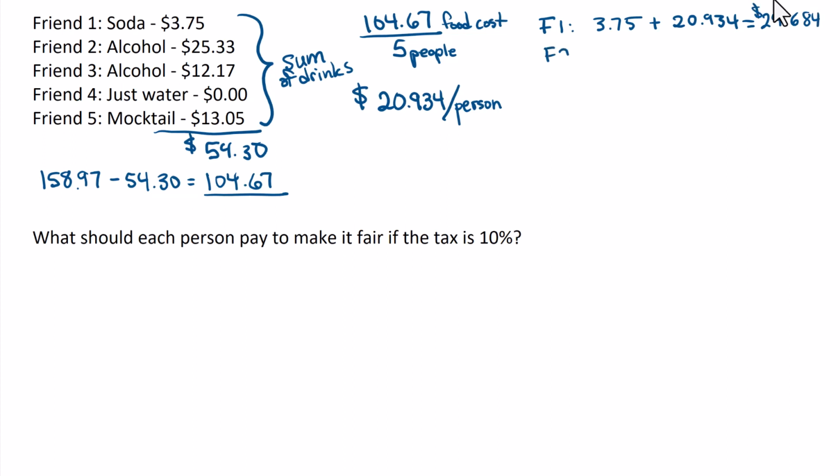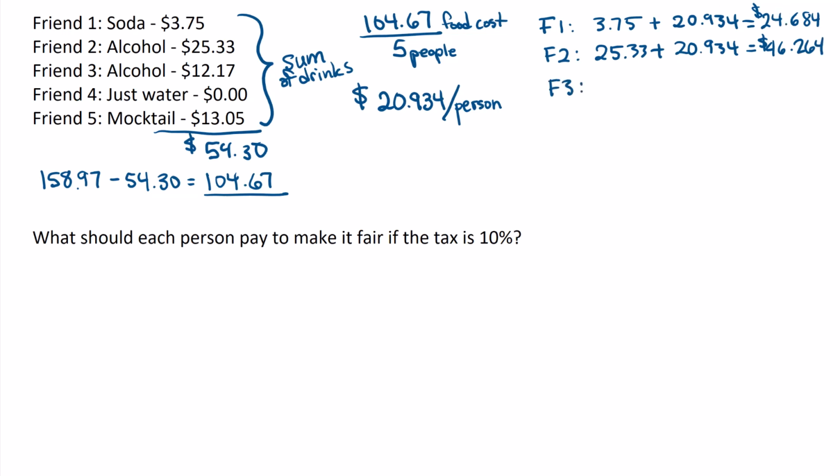Friend 2 spent $25.33 on drinks plus the food. This should come out to $46.264.